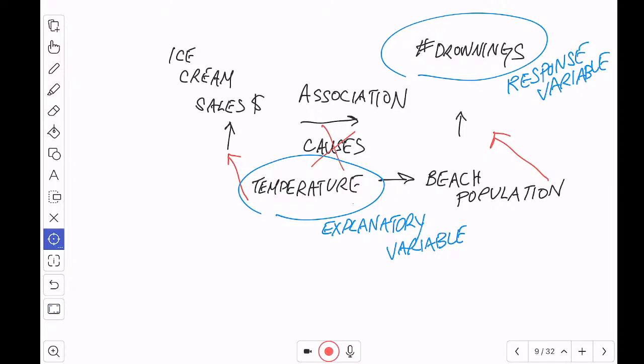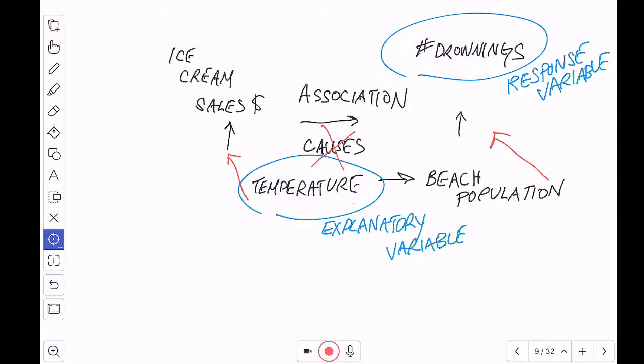So what we say, until the point where we recognize temperature as the explanatory variable, or use it as the explanatory variable, or even we could have used beach population as the explanatory variable. I think this is easier to get, right?